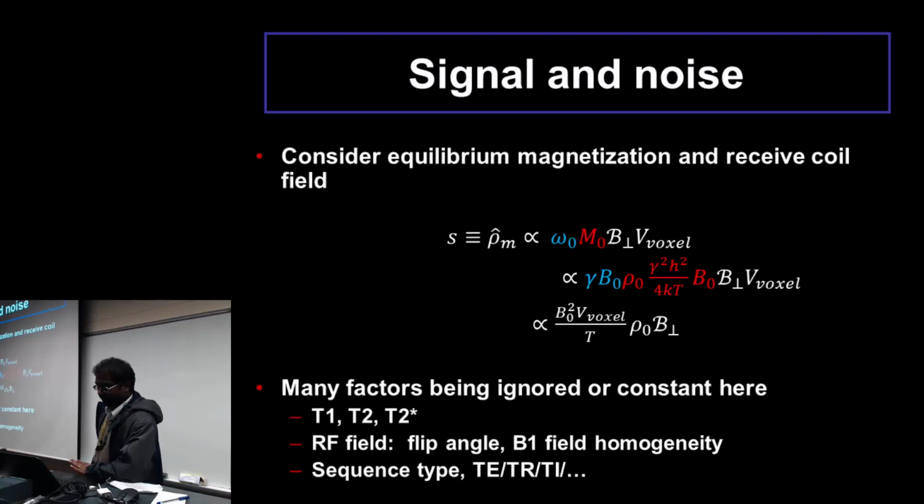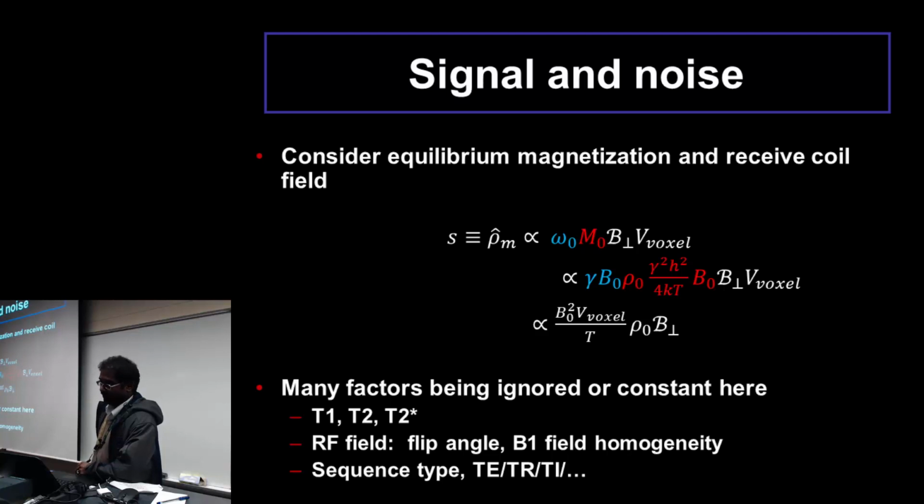Of these dependencies, the things you have control over are, let's say, you can change the B naught at which you do your imaging, the voxel size, spin density or rho naught, the number of protons available to give you this signal.